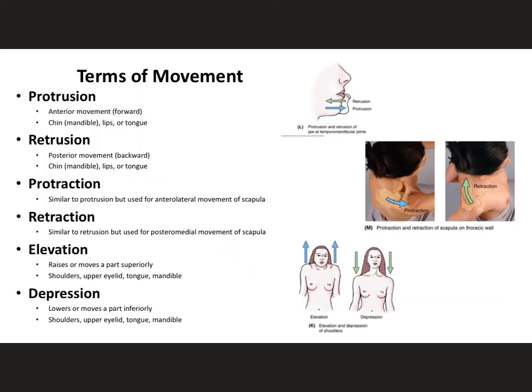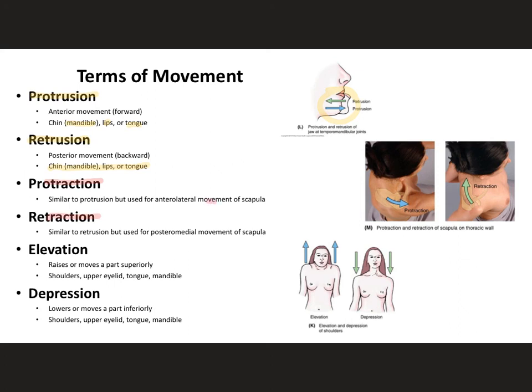Our final terms of movement. We can protrude and retrude. When we protrude, we push something out to the front. We can do this with our mandible, our chin, our lips, our tongue. When we pull them back beyond neutral, then we're retruding them. Another term similar to this is protraction and retraction.